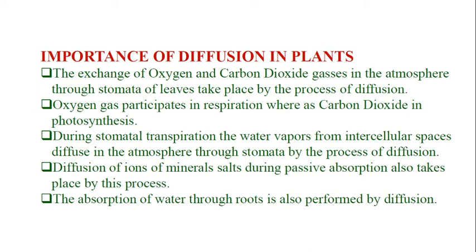So both these processes are most important in plants. During stomatal transpiration, the water vapors from intercellular spaces diffuse into the atmosphere through the stomata by the process of diffusion. So in this case also diffusion is most important.